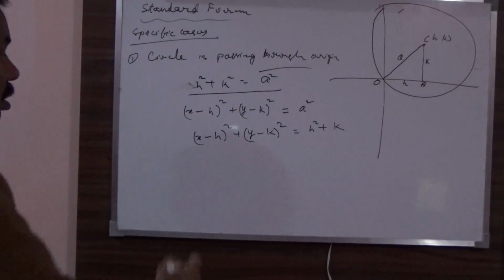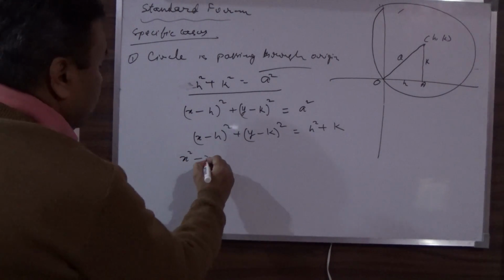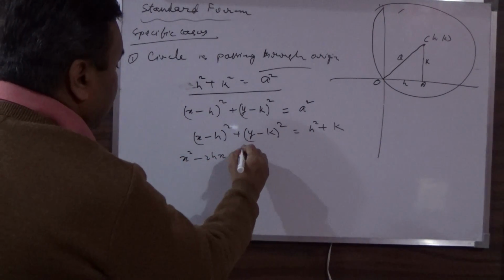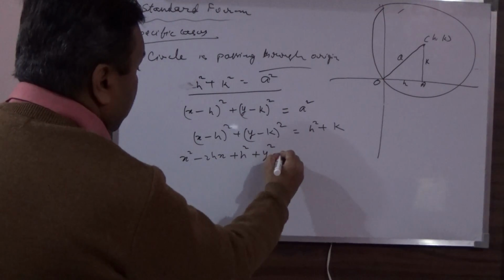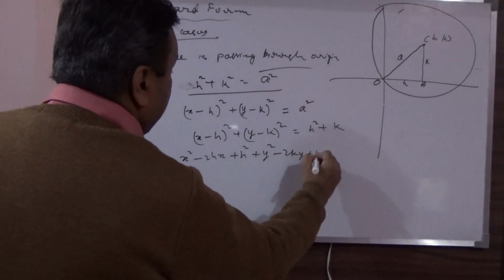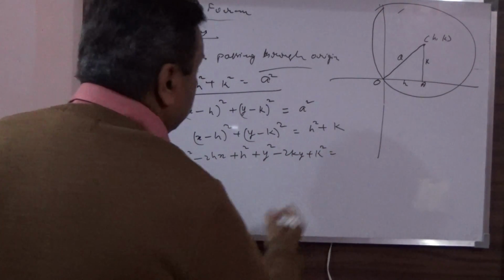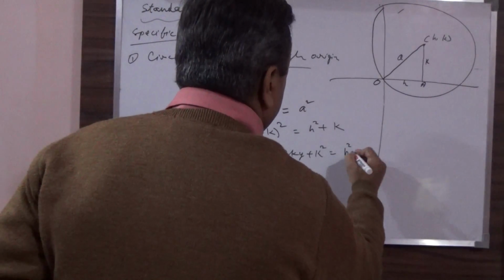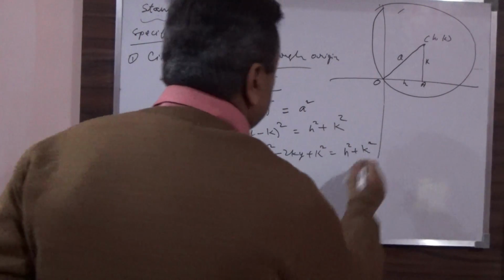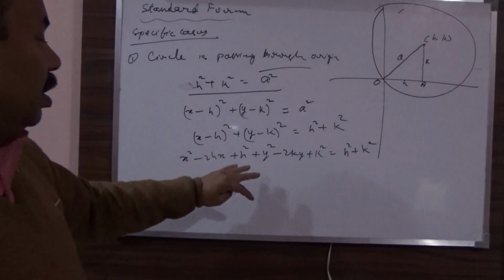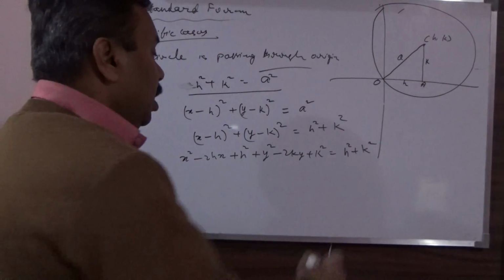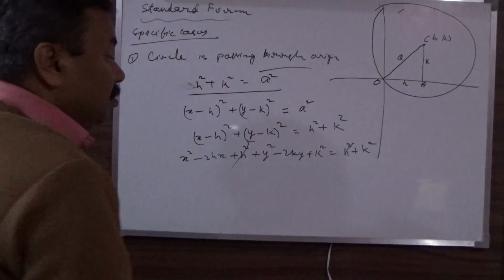Expand it, this will become x square minus 2hx plus h square plus y square minus 2ky plus k square equal to h square plus k square. Now you see you have got h square this side also, this side also, so this will be cancelled.